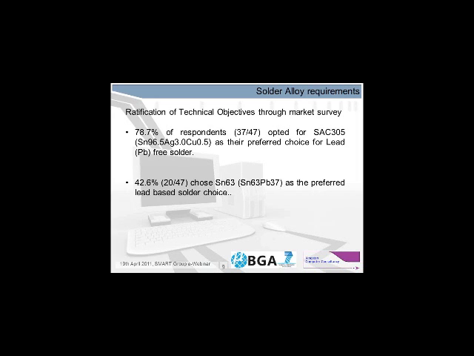In many ways, it ratified the technical objectives through the market survey. We had originally been focusing on SAC 305, and you can see here the breakdown of the tin, silver and copper on my screen. And from the survey, almost 80% of the respondents used this as their preferred lead-free solder.